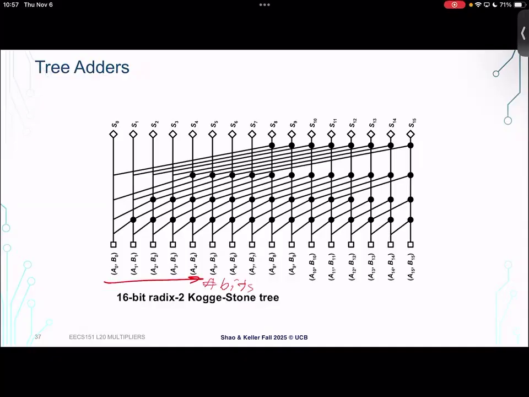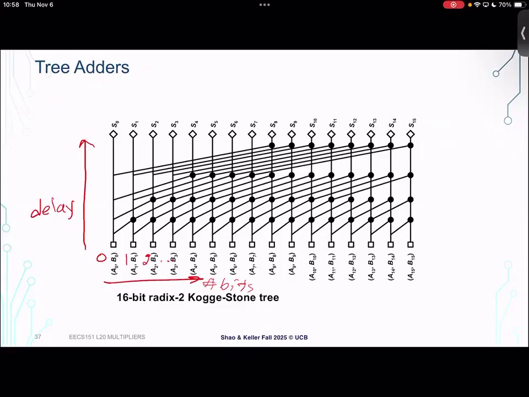This is bit 0 of the input. This is bit 1, bit 2, and so on. This is a 16-bit adder that we're looking at here. And then this axis is sort of conceptual delay or conceptual time. And so you can see how things are being combined in this hierarchical tree.